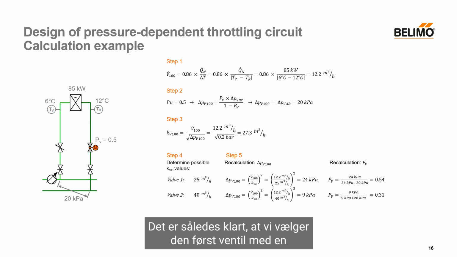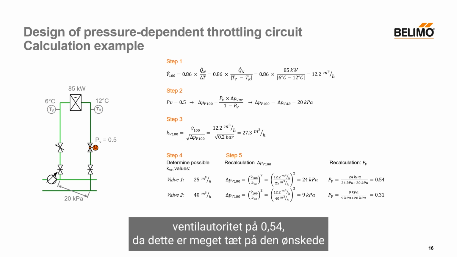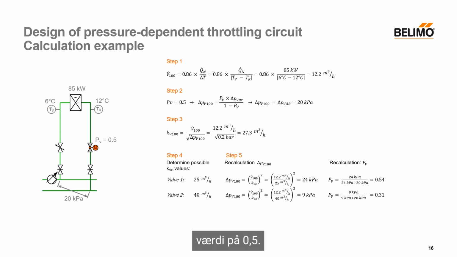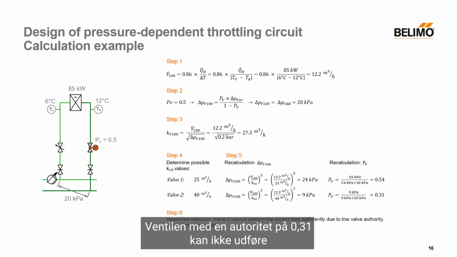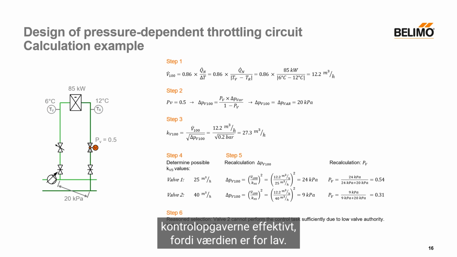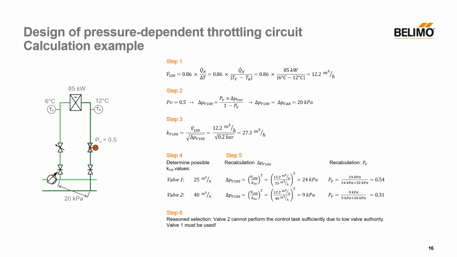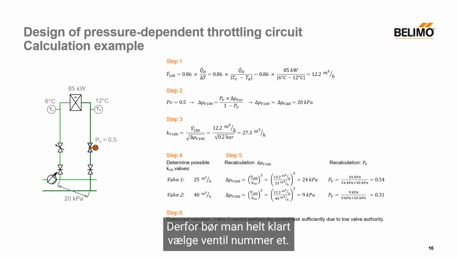Thus, it is clear that we choose the first valve found with a valve authority of 0.54, as this is very close to the desired value of 0.5. The valve with an authority of 0.31 cannot perform the control task sufficiently because the value is too low. Therefore, valve number 1 should clearly be selected.